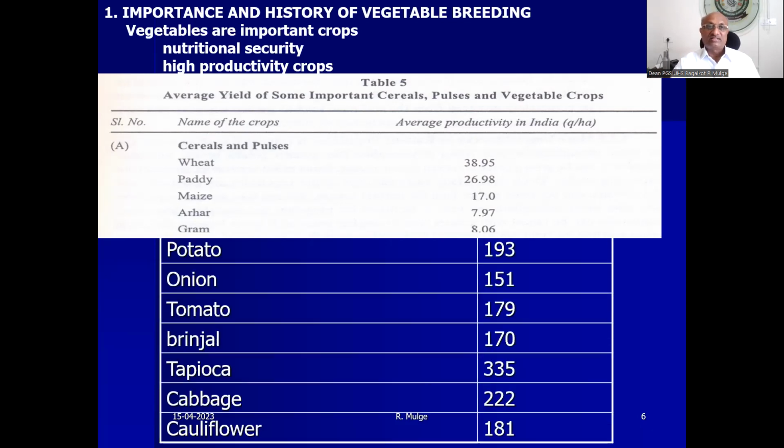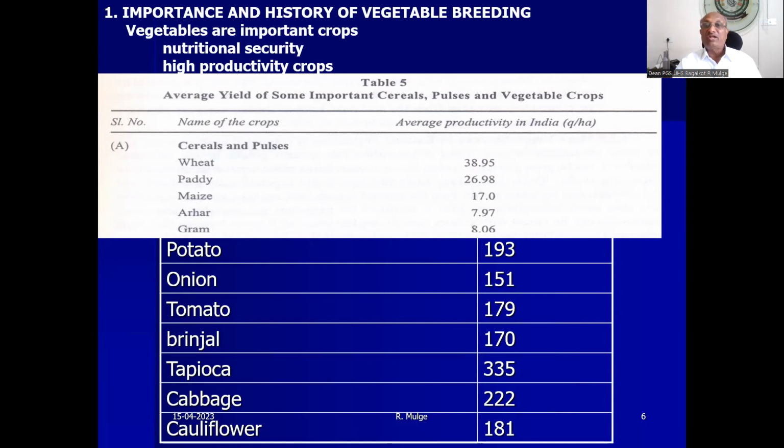Even single-digit productivity crops are there, like red gram and Bengal gram pulses. Whereas vegetables like potato can give 193 quintals per hectare.